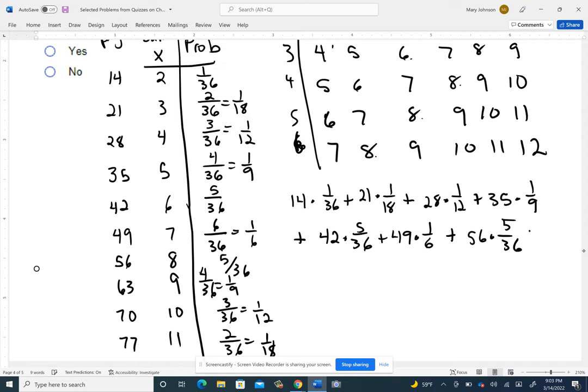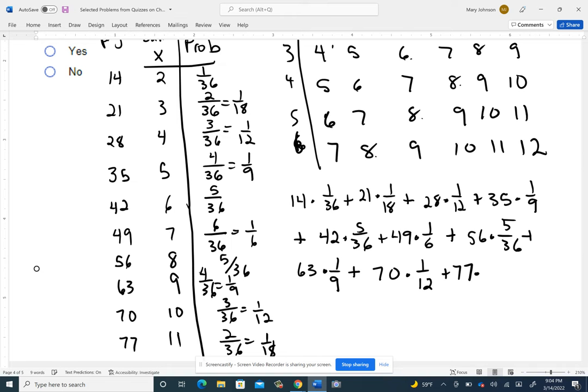Now, if you want to keep the number smaller, and if this makes sense to you, it'll work as well. 63 times 1 over 9. You could do it without the payoff, without the times 7, and just multiply by 7 at the end, and you would get the same answer. But conceptually, I think it's a little harder to understand why. So that's why I didn't show it that way.